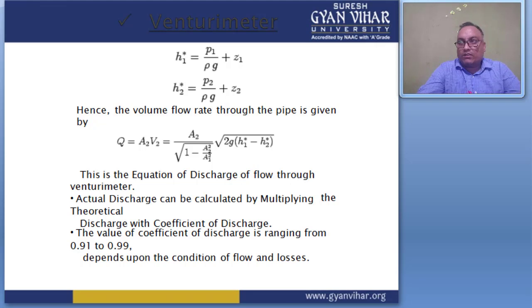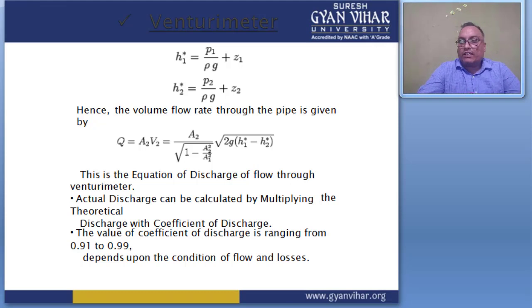The vertical venturimeter has maximum potential energy and minimum kinetic energy. And in the inclined venturimeter, both potential and kinetic energy are in between the above two types mentioned.